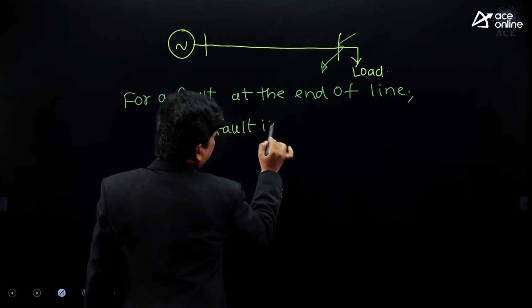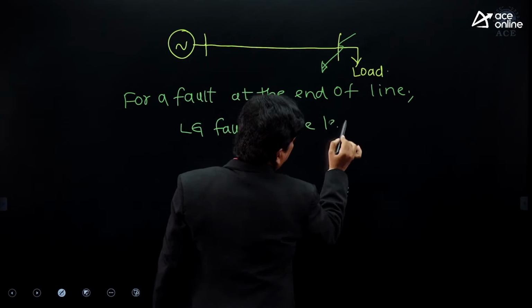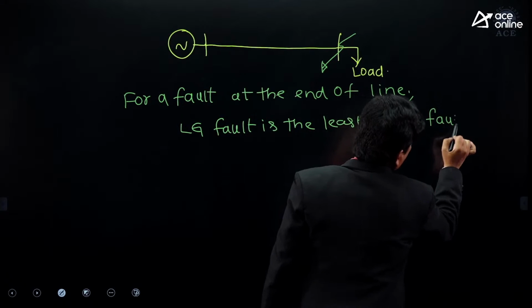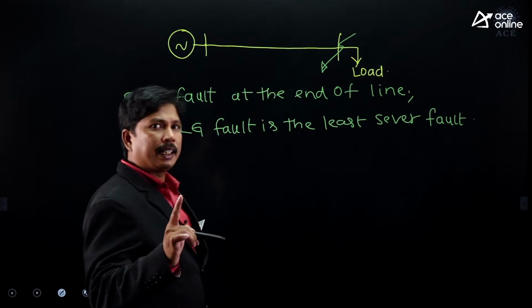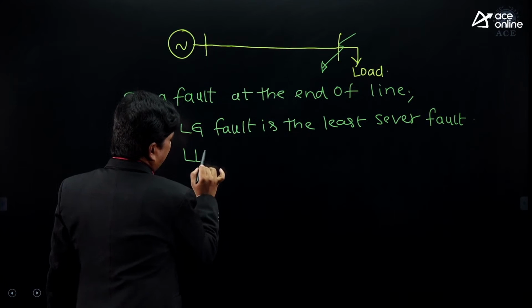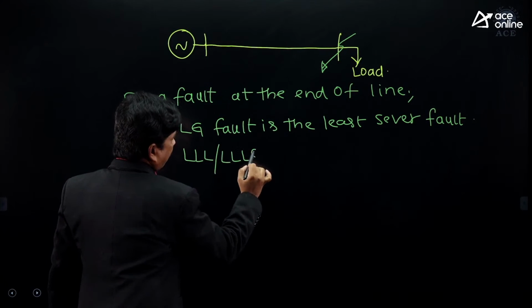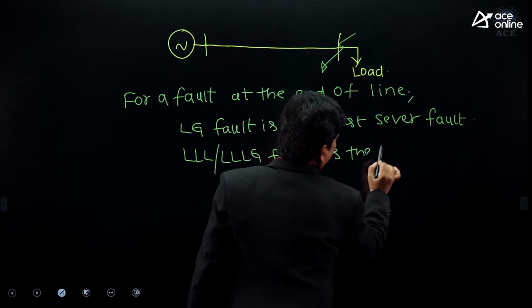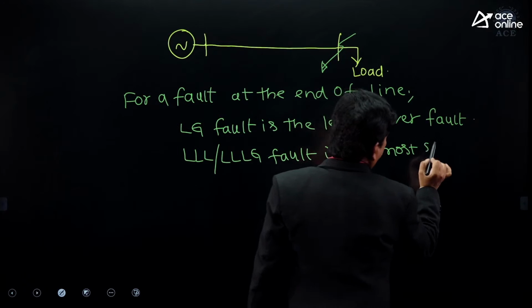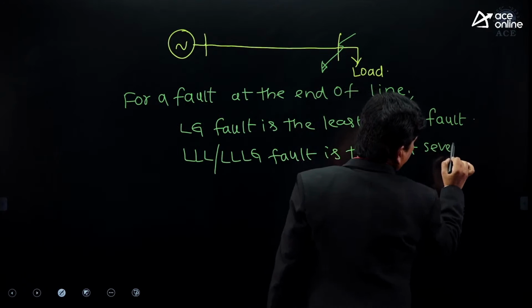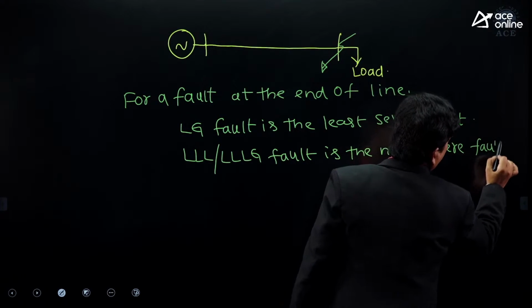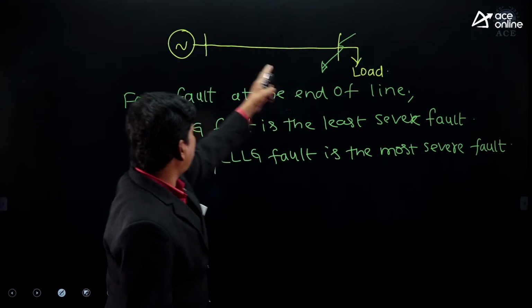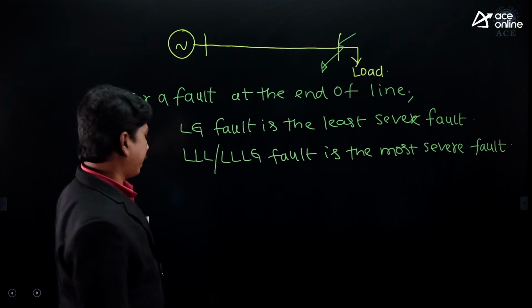LG fault is the least severe fault and triple L fault is the most severe fault. Triple L or triple LG fault is the most severe fault.